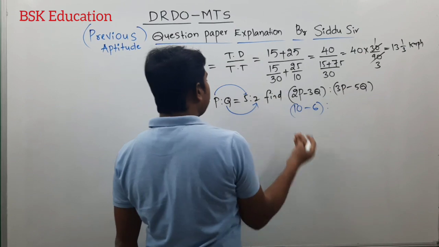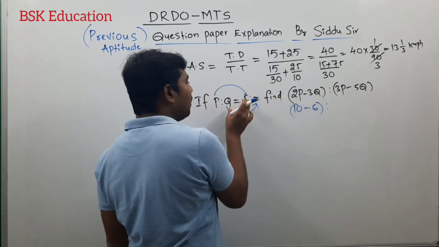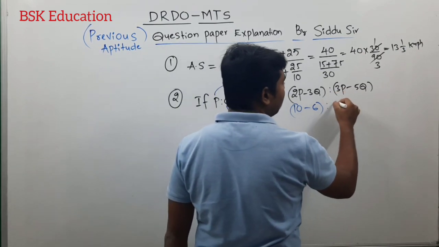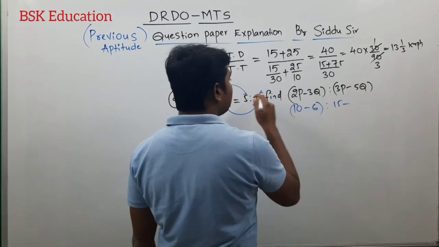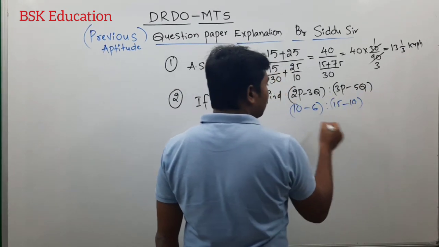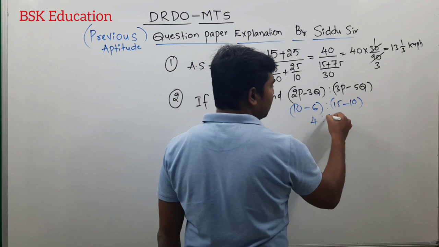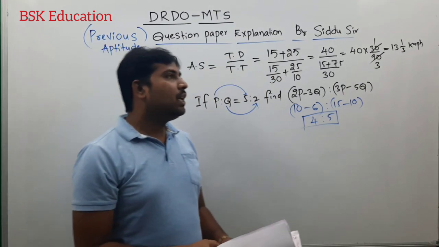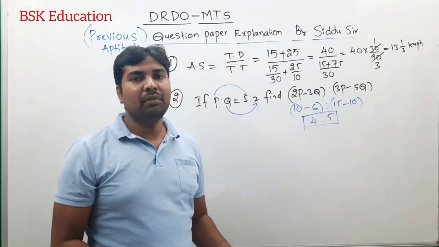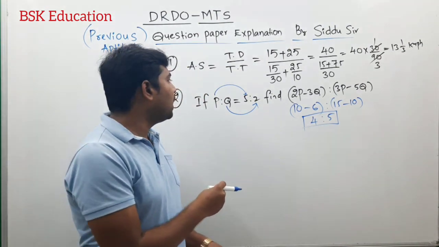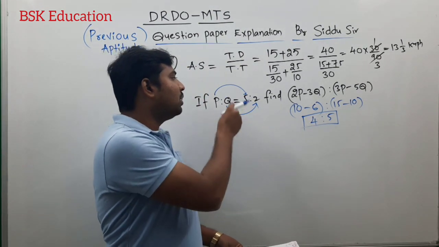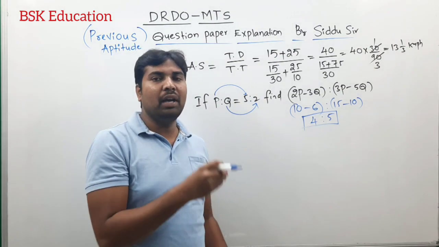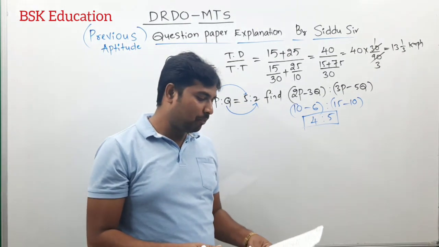Then 3 into P, the value of P is 5, so 3 into 5 is 15, minus 5 into 2, 10. So simple, the answer is 2 is to 5. This question came from ratio and proportion, but it is simple, because in the equation P is to Q is equal to 5 is to 2, the P value is 5 and the Q value is 2.